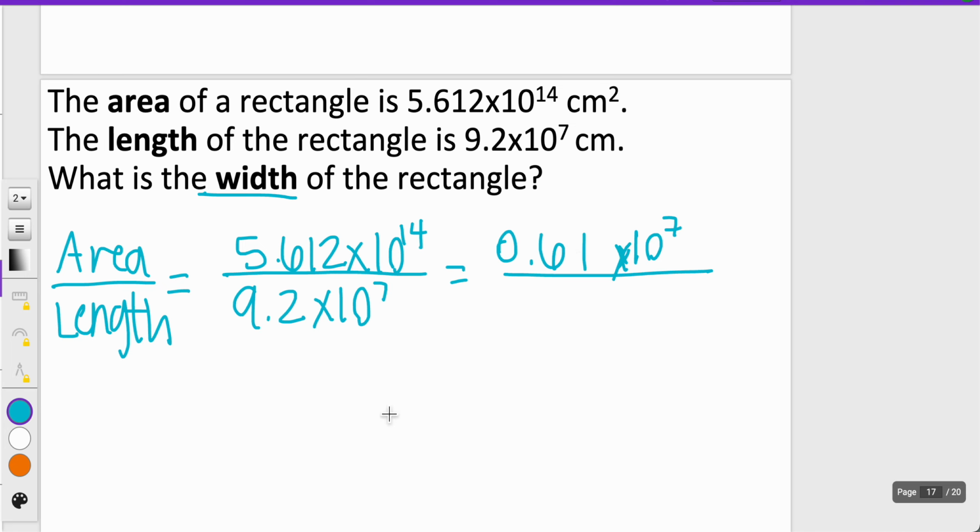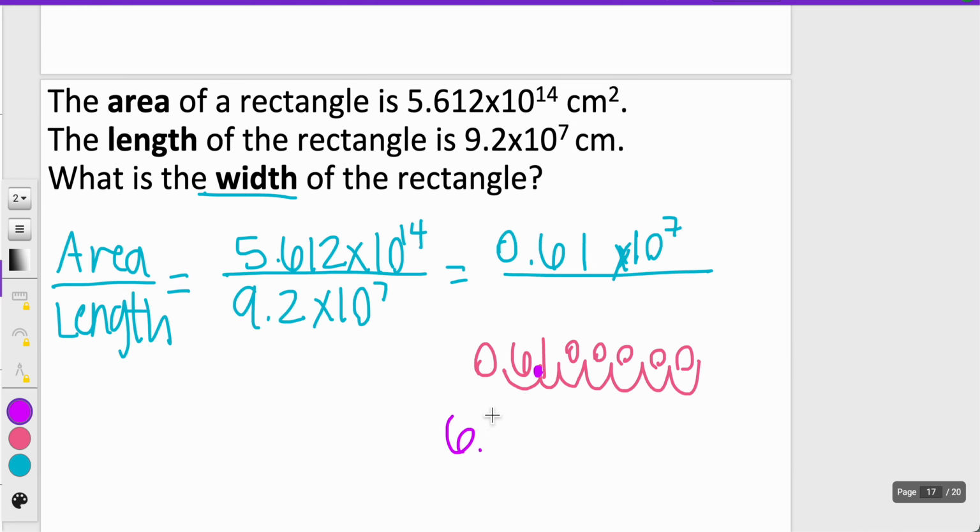So with that, I would take my 0.61 times 10 to the 7th, but I do want to make it into scientific notation. You can do one of two things. If it's helpful for you, take 0.61 and move it 7 times to the right. 1, 2, 3, 4, 5, 6, 7. Fill those empty spaces with zeros, and then decide where your new decimal should go.